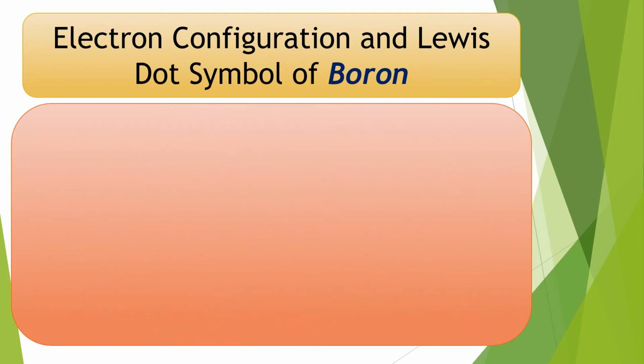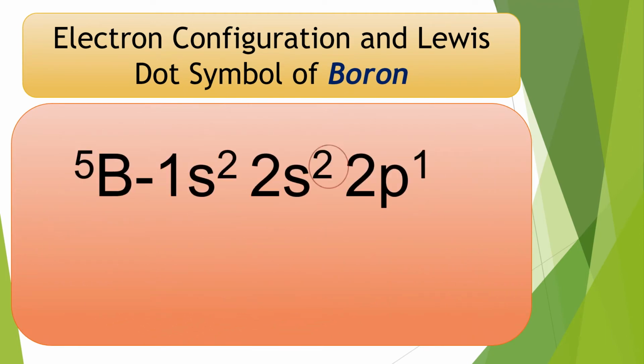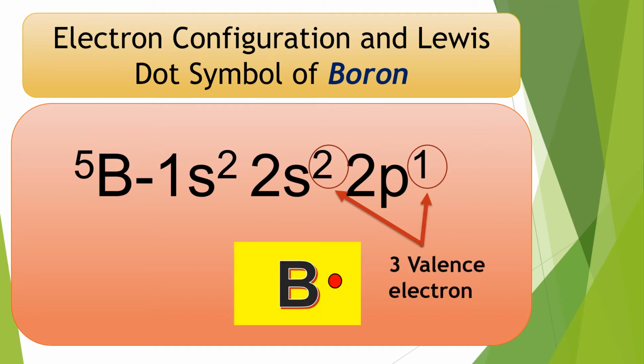Next is the Lewis dot symbol for boron. Boron has atomic number 5. It has 5 electrons and 3 valence electrons, or electrons in the outermost shell, and it has 3 dots.